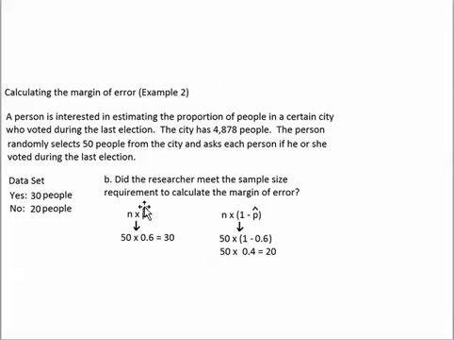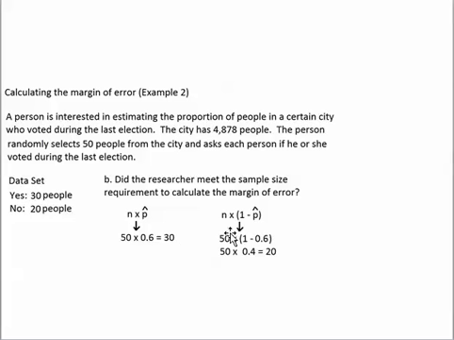If n times p hat and n times 1 minus p hat both come out to 10 or bigger, then the sample size is big enough. So let's go ahead and check. N is 50. Remember, we have 50 people. That's our sample size. 50 times our p hat of 0.6 is 30. 30 is 10 or bigger.